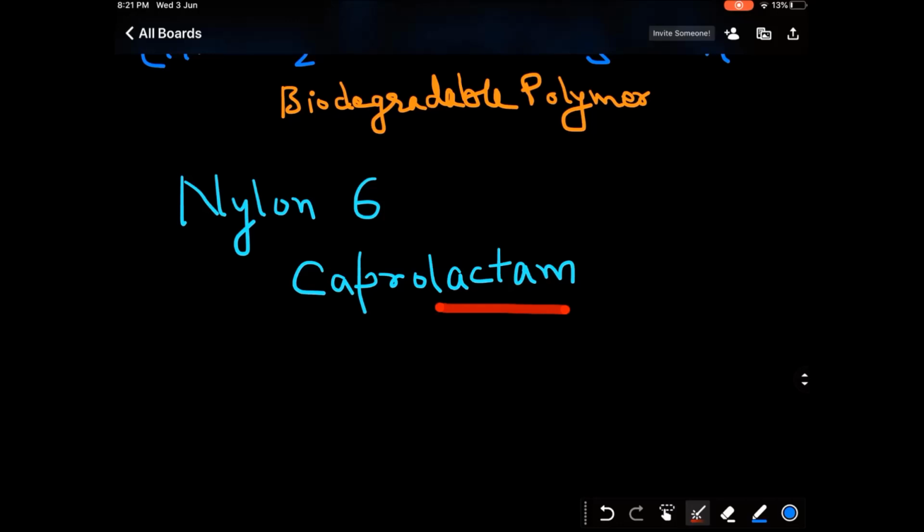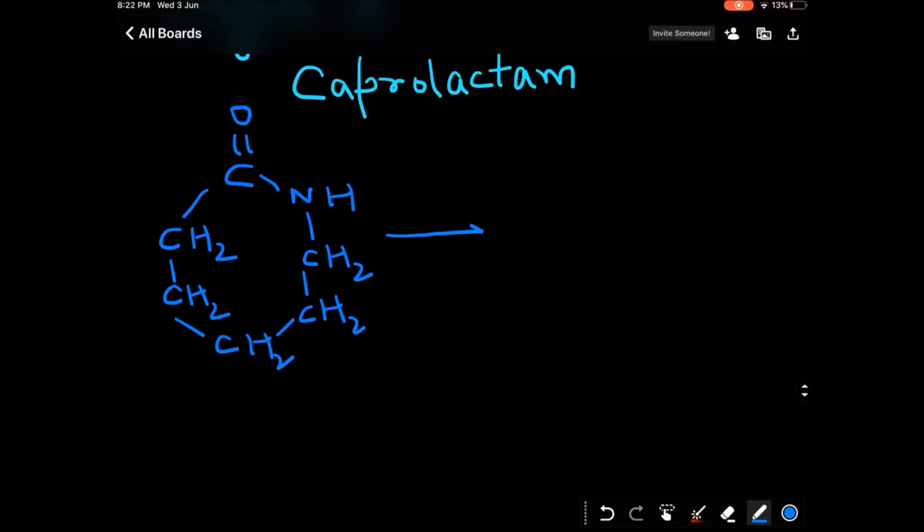So this is how you can remember what is caprolactam. Lactam means CONH amide is a part of the ring. So if we write the structure of caprolactam, this is how we write C double bond O NH and 5 CH2 groups in the ring. Under acidic conditions on hydrolysis, CONH, this amide linkage will open up.